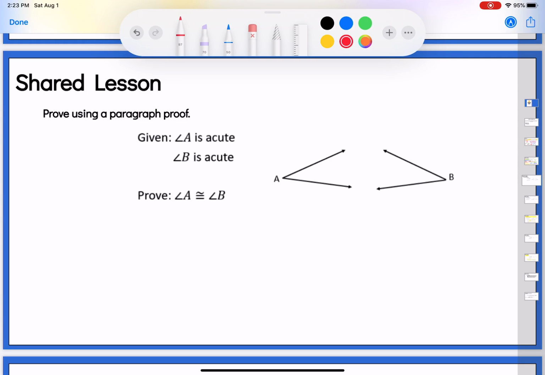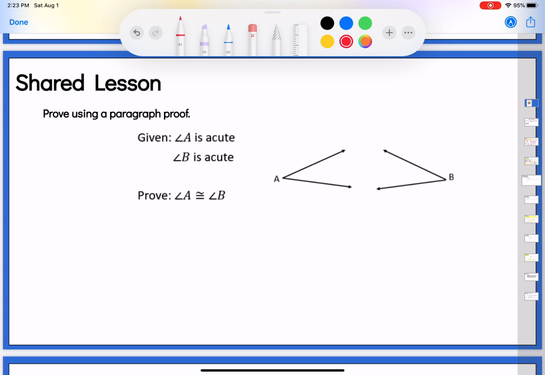But then we think a little farther. All I know is that angle A is acute and angle B is acute. Do they have to be the same measure? Angle A could be 60 degrees and angle B could be 40 degrees. They're both acute, but they're not congruent. So this actually can't be proven.